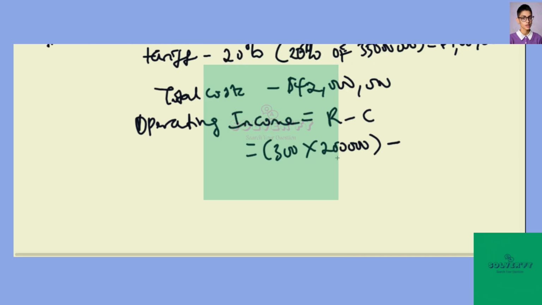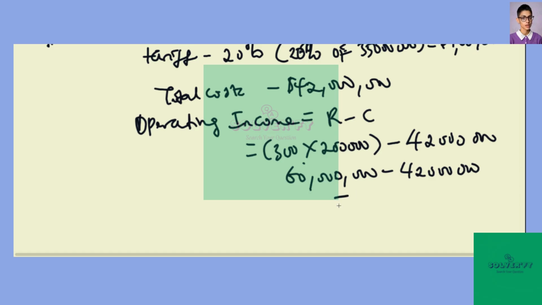If you solve this out, this gives you 60 million, less the cost of 42 million. So this gives you an operating income of 18 million.